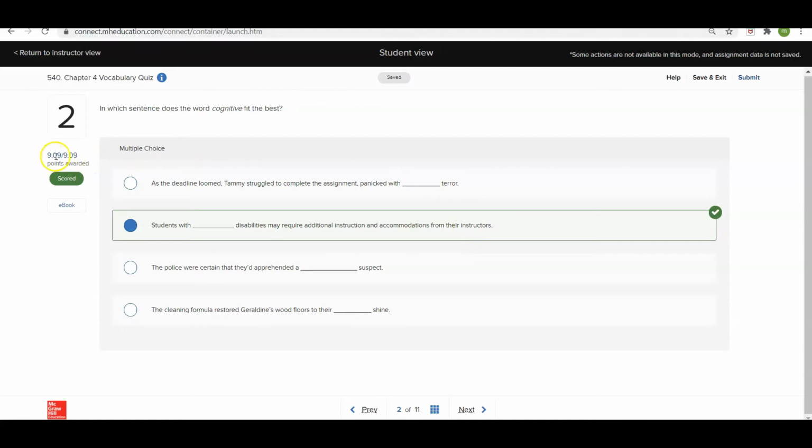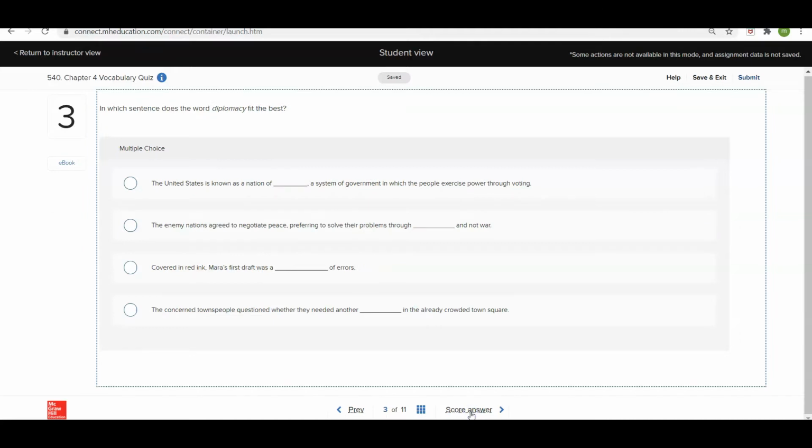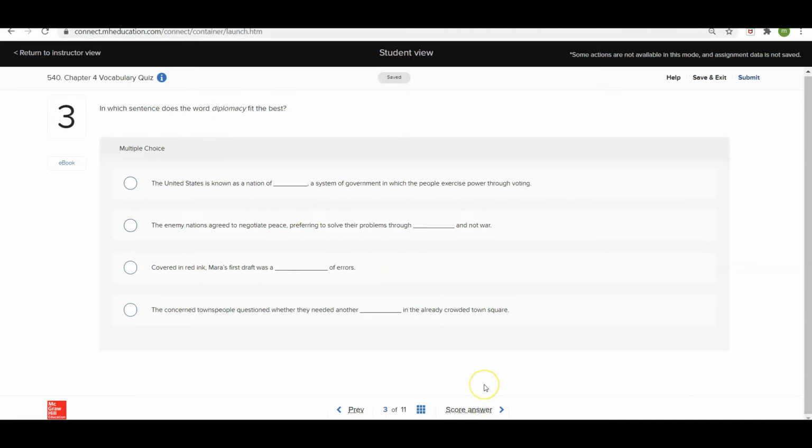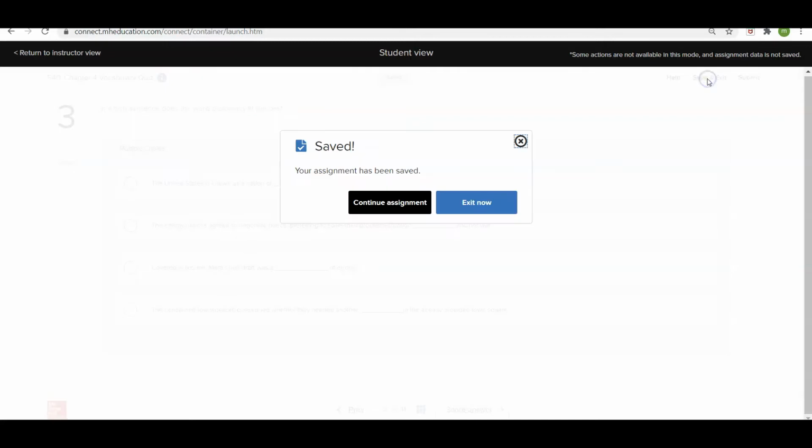I got my 9.09 points because I think 11 multiplied by 11 comes out to 100 or pretty close. So I'm on the right track, right? Now notice instead of saying score, it says next. So I can proceed through the quiz. All right. That's how you do this, but I'm not going to do that. I'm going to save and exit.